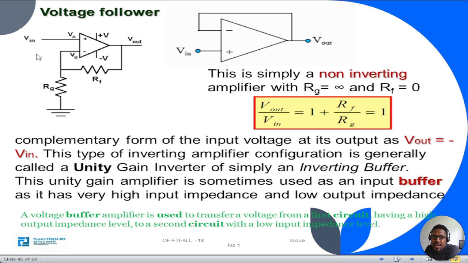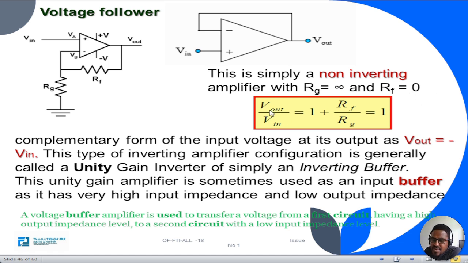One application of the non-inverting amplifier is the voltage follower or buffer. Our Vin goes to the non-inverting input and the feedback goes to the inverting input. The input resistor becomes infinite and the feedback resistor becomes 0.